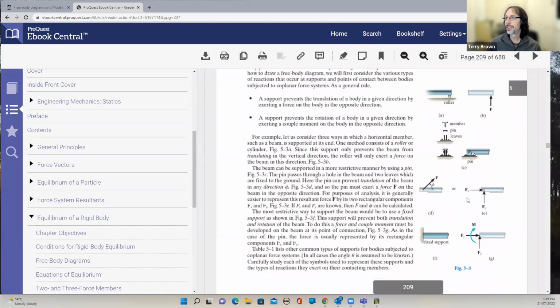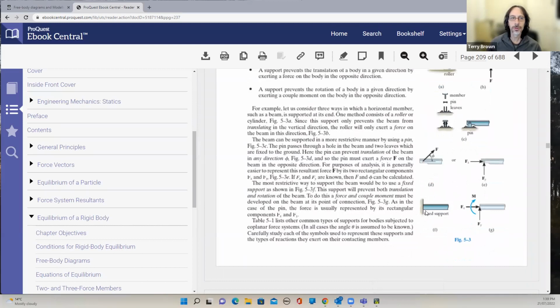And then if we move down a bit here, we can see if we have a fixed support. So if this support prevents this body from moving upwards or downwards, we have a reaction force in the vertical direction. This support prevents the beam from moving in the horizontal direction, so we have a horizontal reaction force, and also it's prevented from rotating. Right?